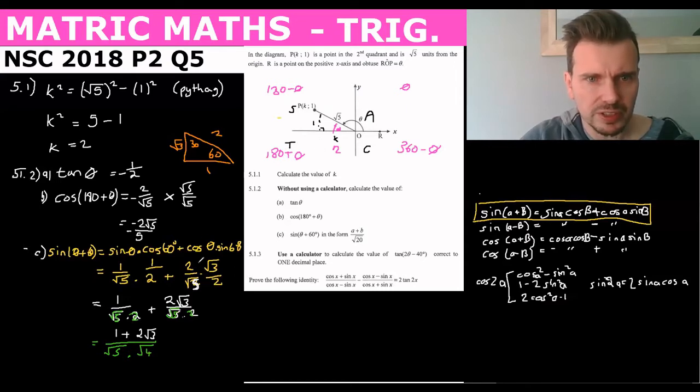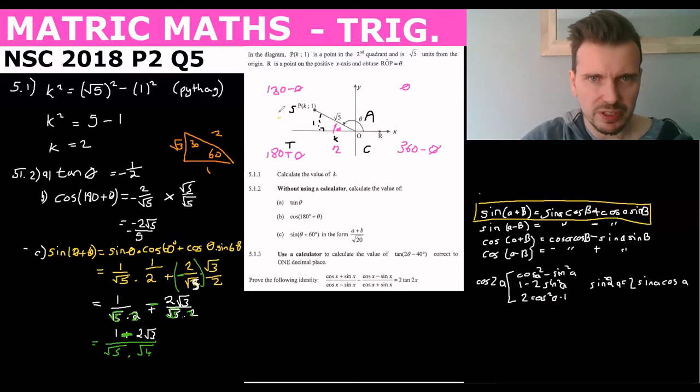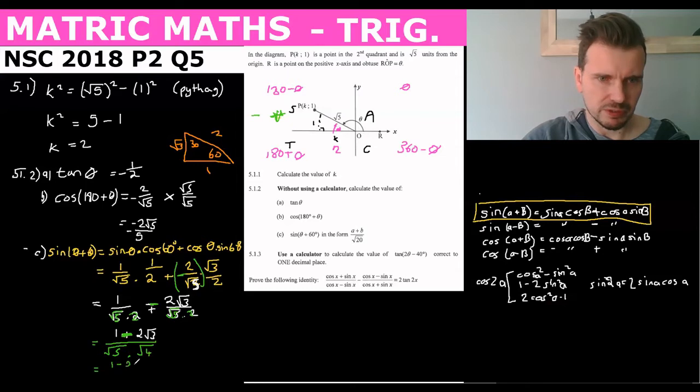So our cos theta, that was negative root, because cos is negative in this quadrant. So this is actually a negative. Okay. This one here is a negative, because cos in this quadrant is negative, because only sine is positive. So we have 1 minus 2 root 3 over root 20.